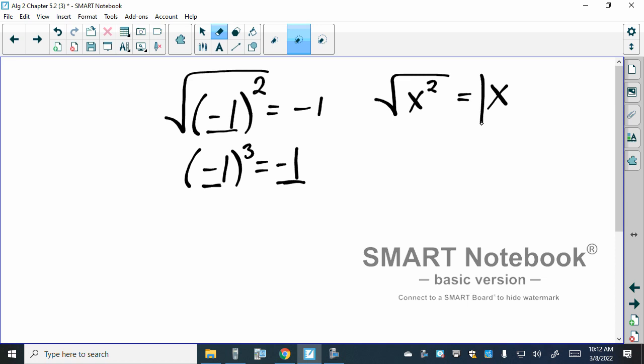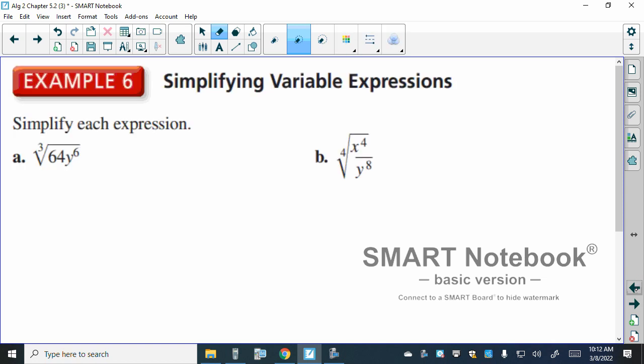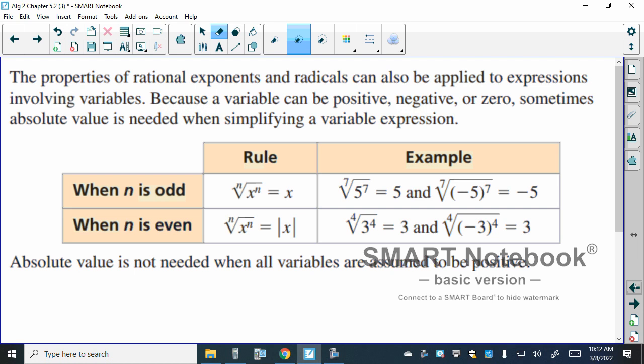So what they're saying here is that whenever we have an even root and an even power with variables, we technically have to put an absolute value. And that's really what this is saying. When n is even, the nth root of x to the n is equal to the absolute value of x, because we're talking about the positive case.